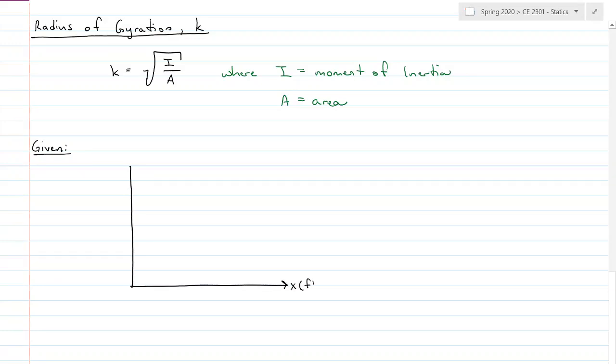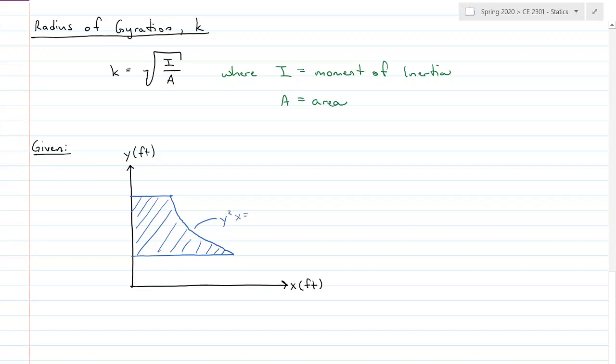X in feet, Y in feet, and I believe we've seen this area before. Maybe with my mad drawing skills.